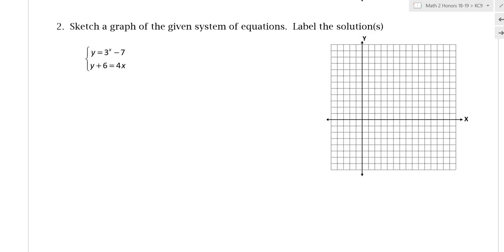Let's do the other one. Right here, it's y plus 6 equals 4x. Now we have to be careful with this one because we need it in the form y equals, and this is not y equals, it's y plus 6 equals. So before I can do anything, we have to subtract 6. Okay, that's what we're actually going to type into our calculator.